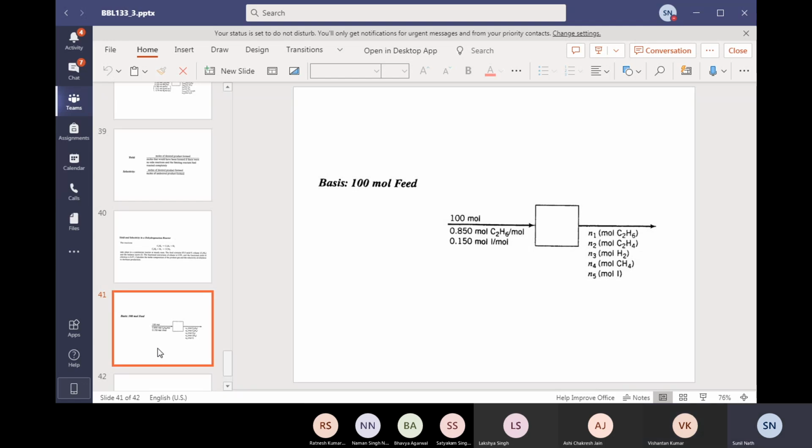So these quantities that you calculated refer to the hourly rates of production of both methane and ethylene, because input is nothing and output is just what is generated.